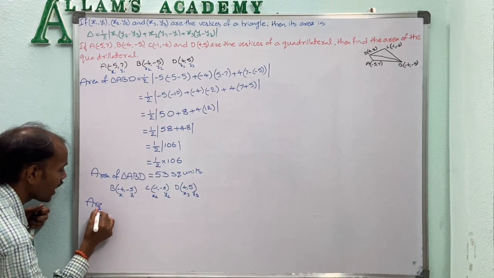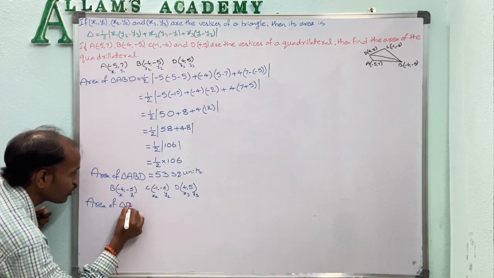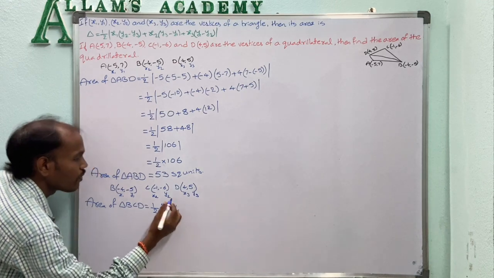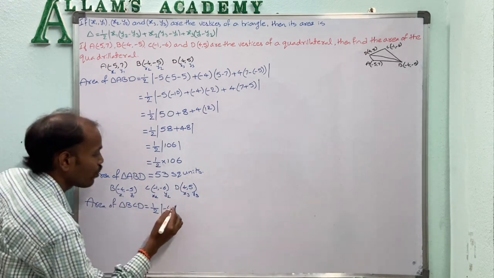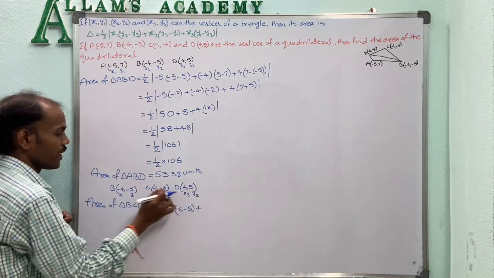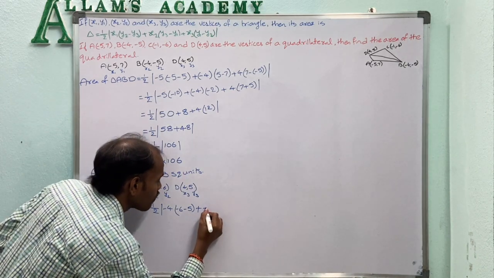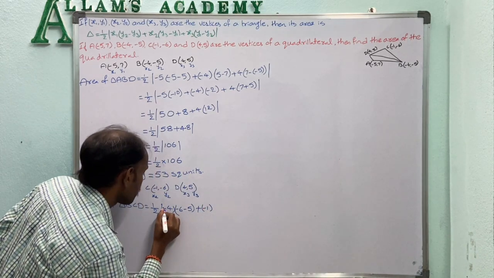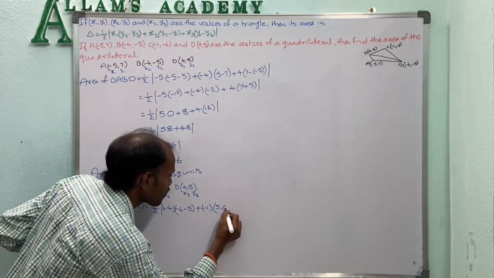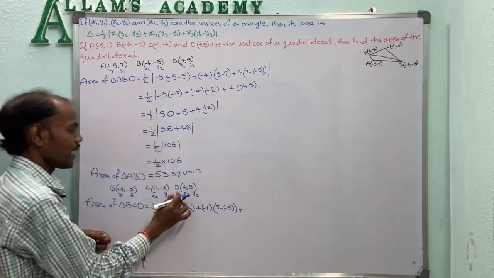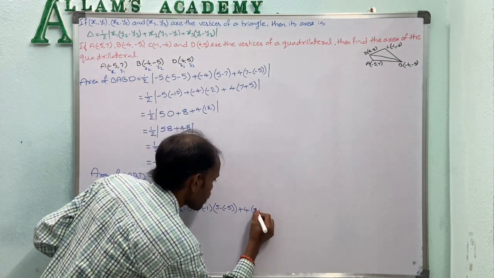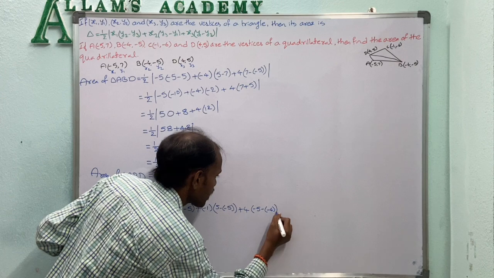Now the area of triangle BCD is equal to half mod of x1 into (y2 minus y3), so -4 into (-6 minus 5), plus x2 into (y3 minus y1), so -1 into (5 minus (-5)), plus x3 into (y1 minus y2), 4 into (-5 minus (-6)).